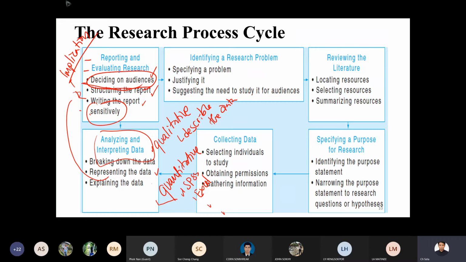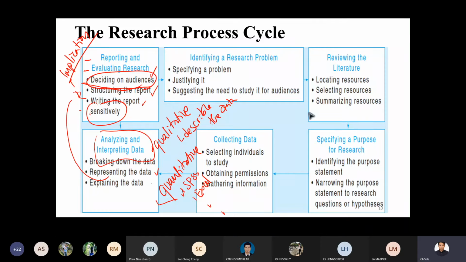Okay, sorry guys. Quantitative, what is your question about quantitative? I just want to ask to be sure that if our research is quantitative, we have to use platforms like Excel to identify the issues, right? Not identify, to analyze the data. The issue is identified up here from the beginning.